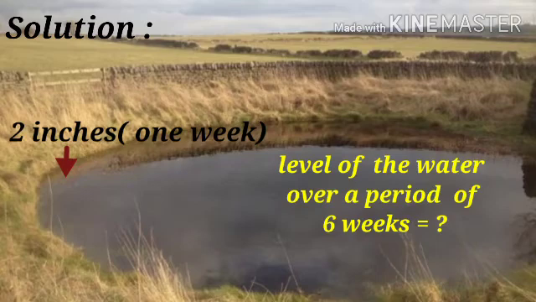So, the reduction of water every week is equal to minus 2 inches. Hence, for 6 weeks, the change in the level of water is found by multiplying 6 with minus 2, that is equal to minus 12 inches, which is the solution.